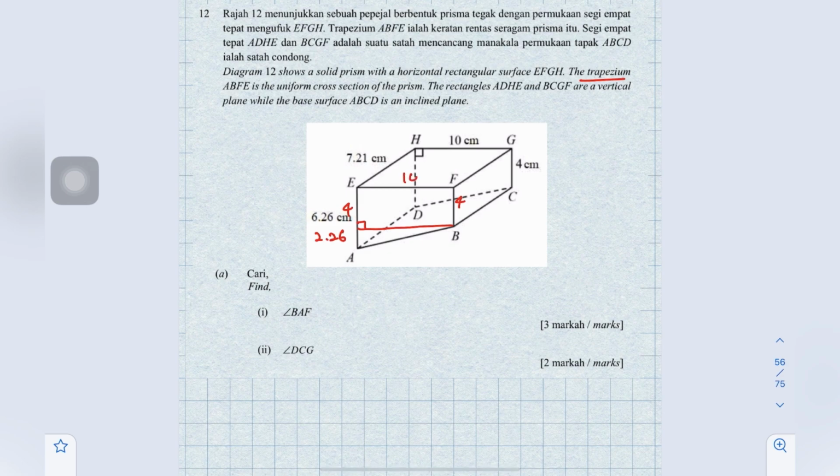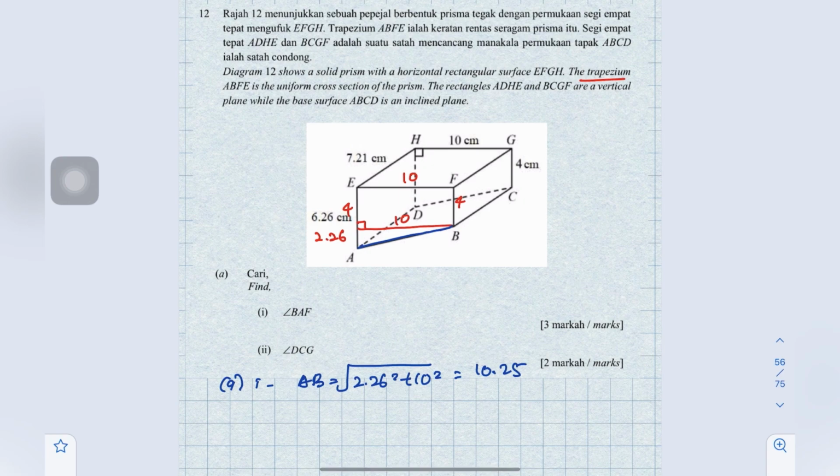This one 10, this one 10. By using Pythagoras theorem, we can find AB. So AB is the square root of 2.26 squared plus 10 squared. So AB equals 10.25. We got AB.